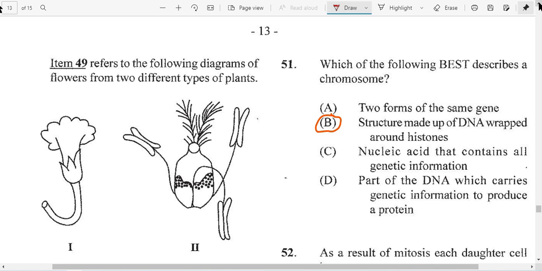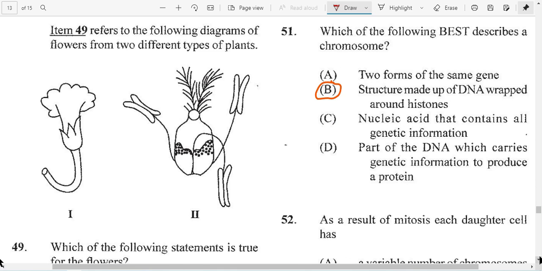And D, part of the DNA. We're not looking at the genes here. So our best answer here is going to be B. Now, your answer might be respectfully different, but please support it in the comments so we can have a dialogue around that. So our answer here for 51 is going to be B.